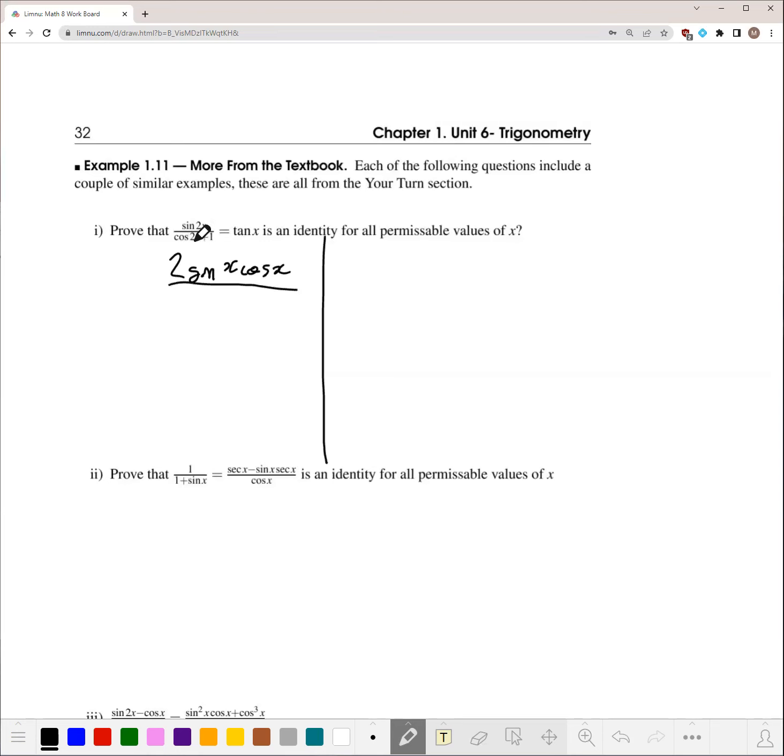And on the bottom here, I've got cos 2x plus 1. So I'm going to put that plus 1. And then I know I've got more than one way to use my double angle identity for cosine. So what I'm thinking about then is what's going to be helpful on my right-hand side?